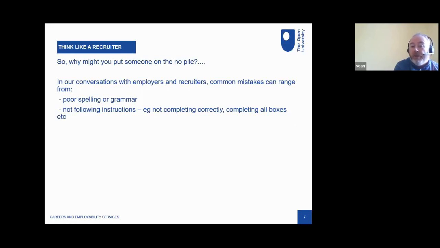So make sure that you follow the rules and follow the instructions. It's really important that you do that. And I would always say complete all the boxes. Even if something isn't necessarily relevant, just put an NA, non-applicable, into the box. But always fill in the additional information box, where it's your chance to sell yourself and sell the skills and experiences you have and show how you are the ideal candidate for that job in question.